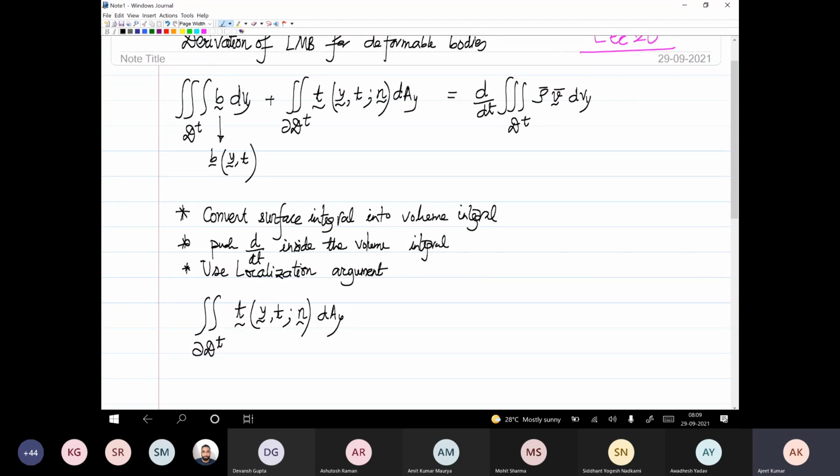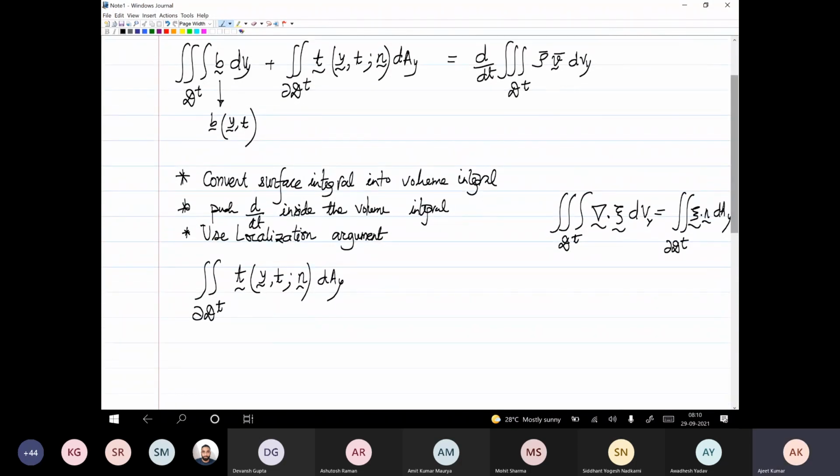If you recall, the standard form of the Gauss divergence theorem is that the integral over the volume dt of the divergence of a vector field, let us say some vector field xi, dv, is equal to the surface integral of xi dot n da, right? That's the Gauss divergence theorem, and we want to use that here.